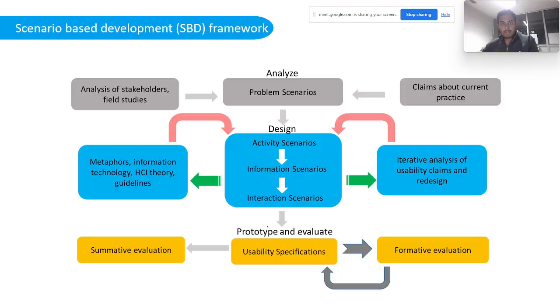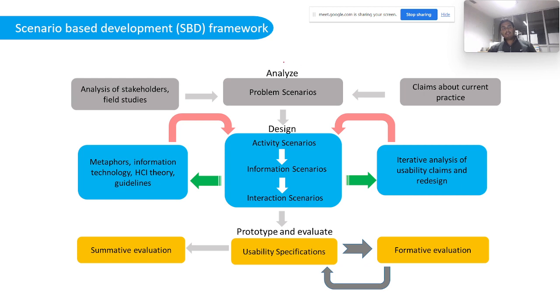Okay. So the last topic of today's class. Finally, I'll discuss the scenario-based development framework. This is a design process or framework where we take care of various usability engineering aspects of software development.